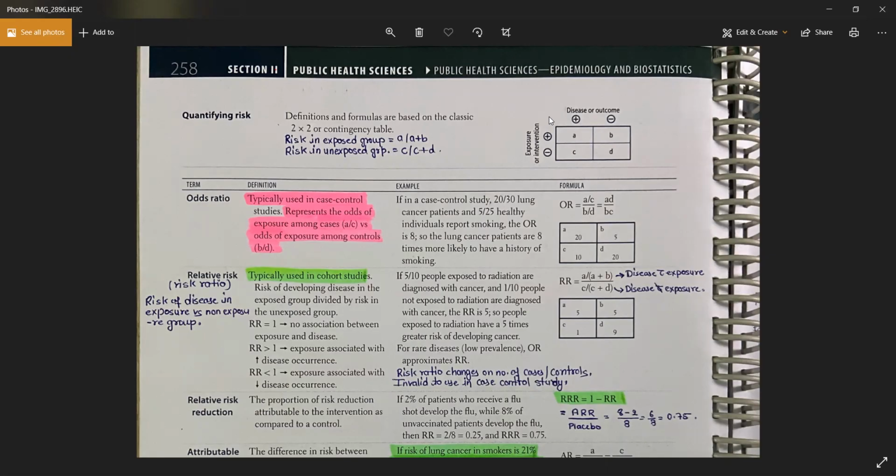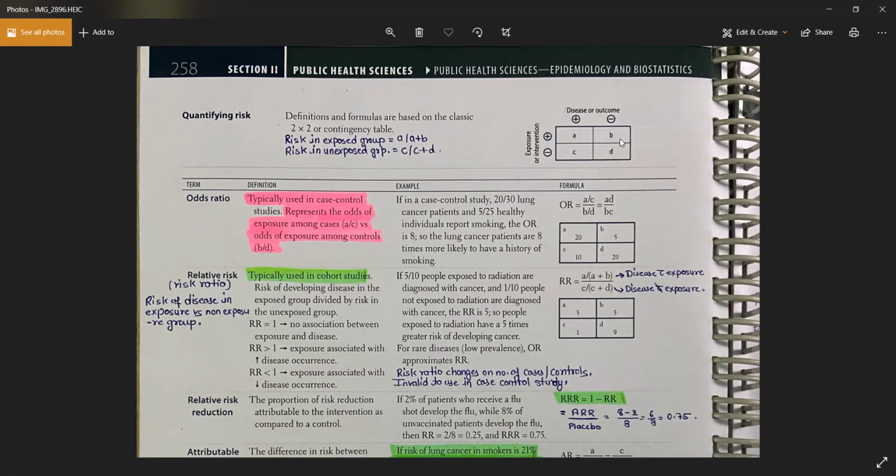Those patients to whom you gave the environment or intervention and who got the disease or the outcome, you will call it A. If the patients, even after being given the certain environment or intervention, do not develop the outcome, you will call it B, for example.